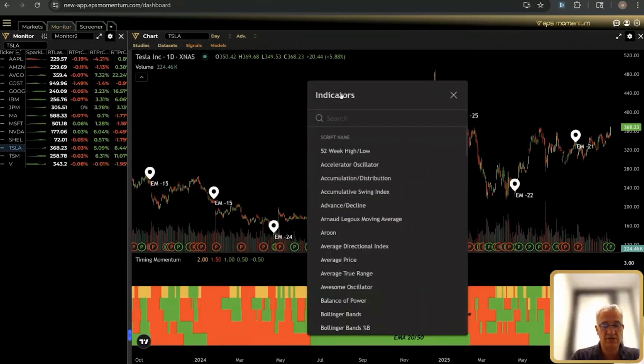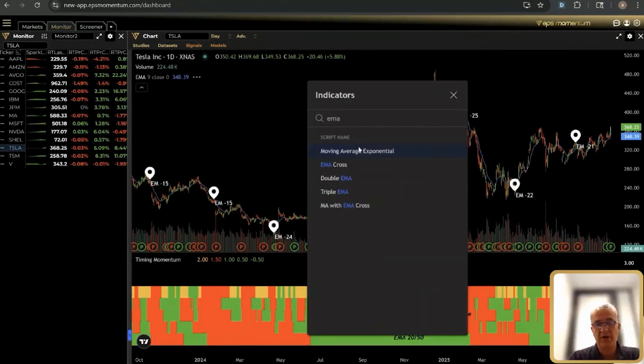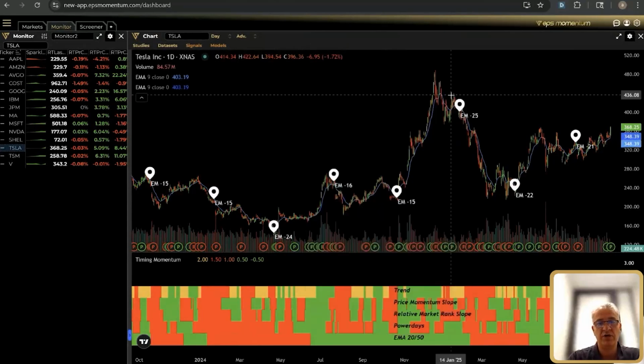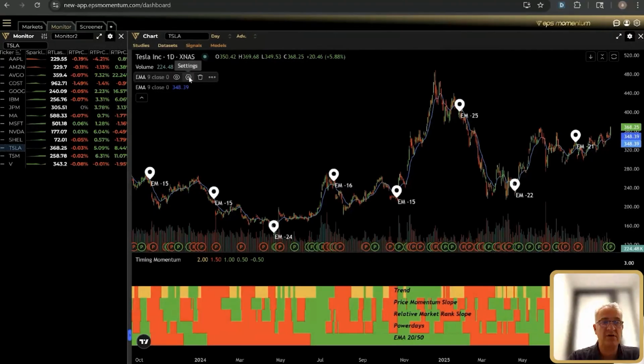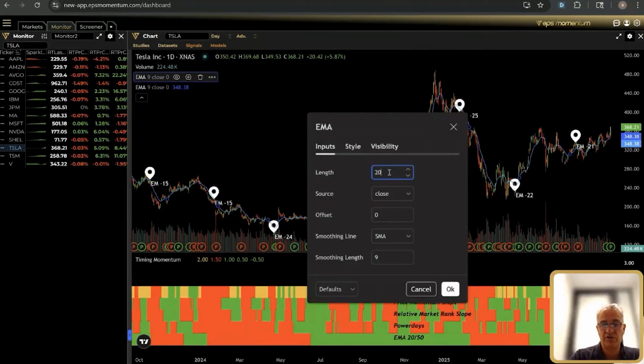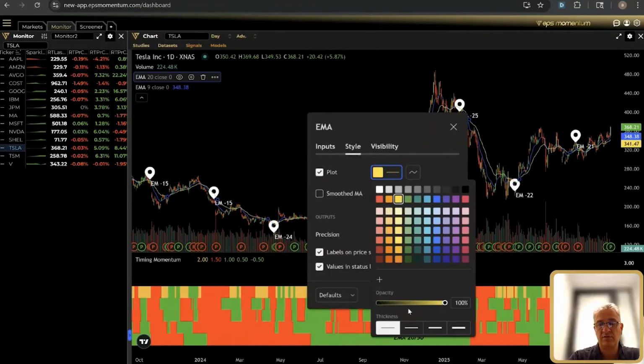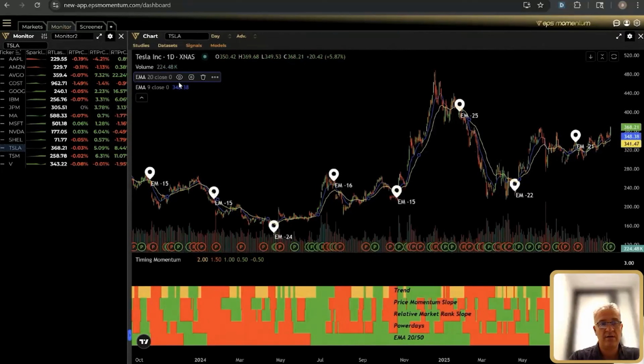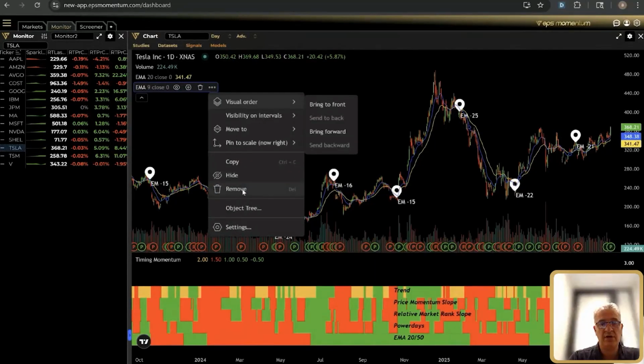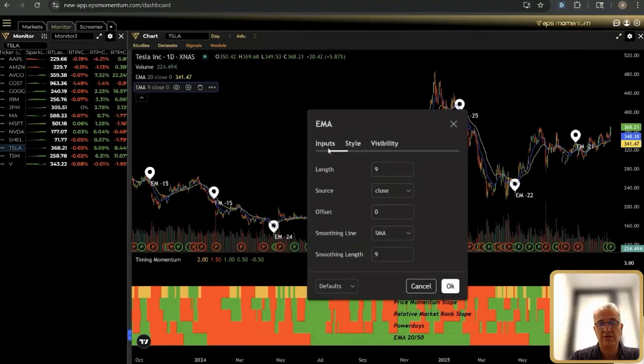You click on studies and you type EMA, and you can add one and two and just basically change settings. Then you change 20 days. Maybe you change the style, you put it in yellow. And then you pick the other one and settings, and then you put 50 days.